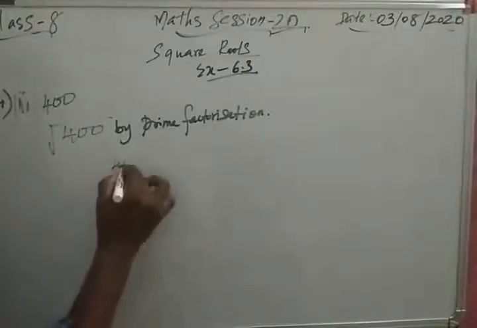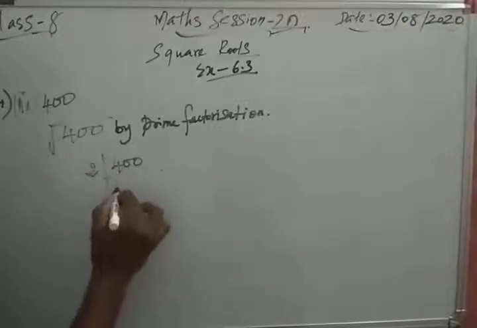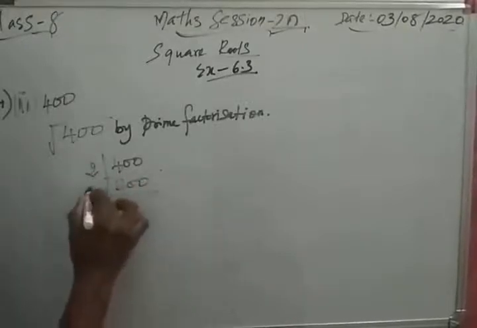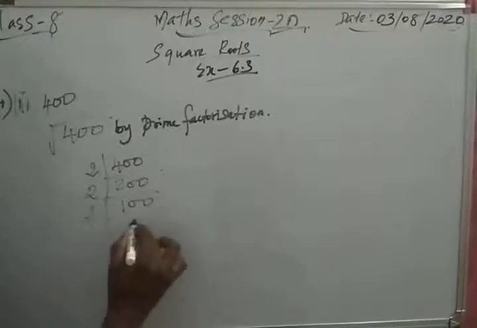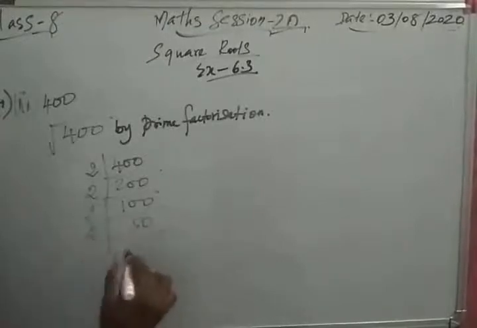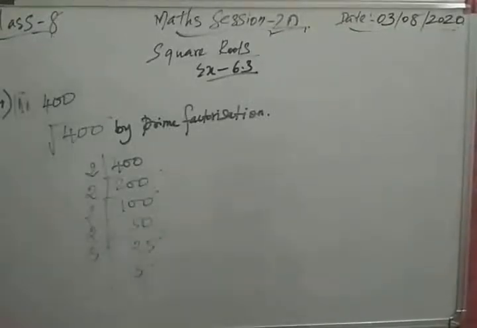So 400 is an even number. 2 times 200, 2 times 100, again 2 times 50, again 2 times 25. Now we can't do it with 2, so we take 5 times 5.